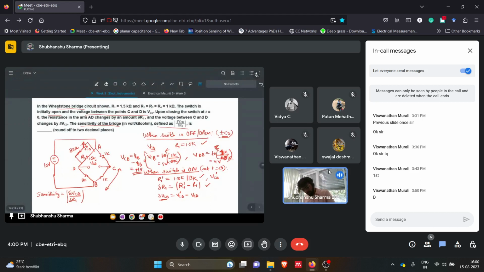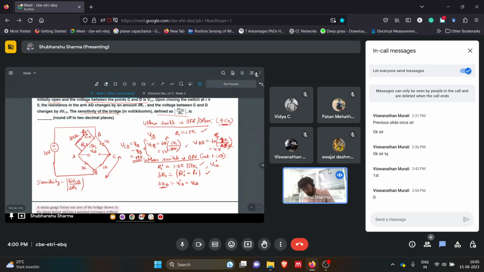Now what is VCD prime? Again you can do the same thing. VCB will be 10 into 1 by 2, that is 5 volts. VDB will now be 10 into 1k divided by 1k plus R1 prime, the parallel combination.